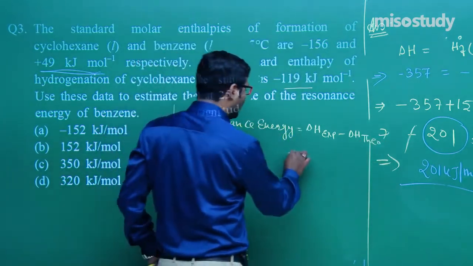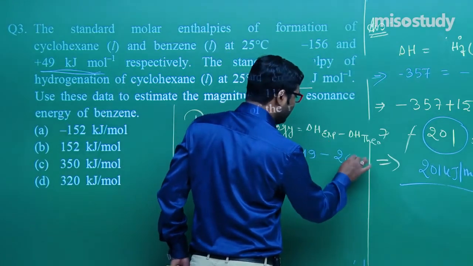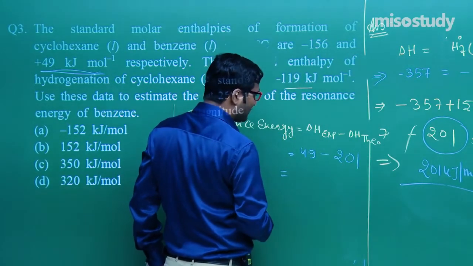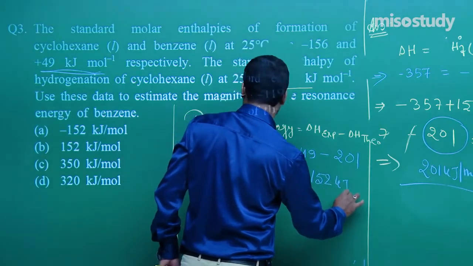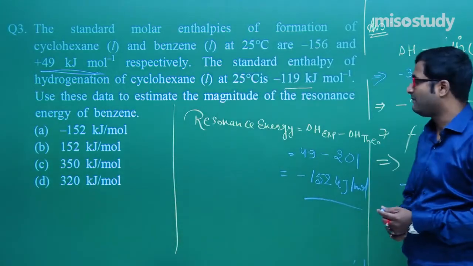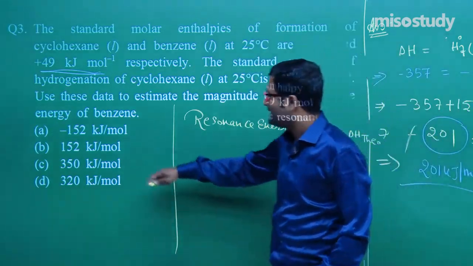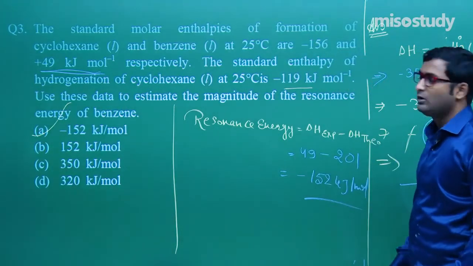What is the experimental value? Given 49. And what is the theoretical value? 201. After solving, it will give 152 kilojoule per mole. Tell me whether it is plus or minus. The answer is minus 152 kilojoule per mole.